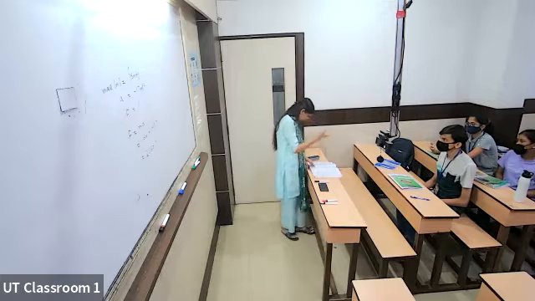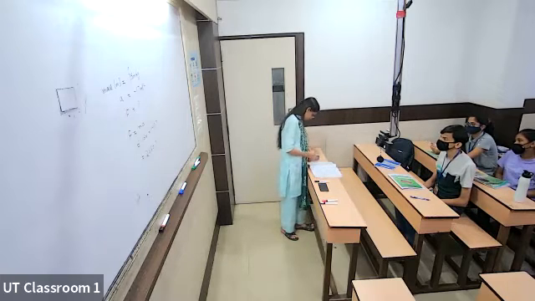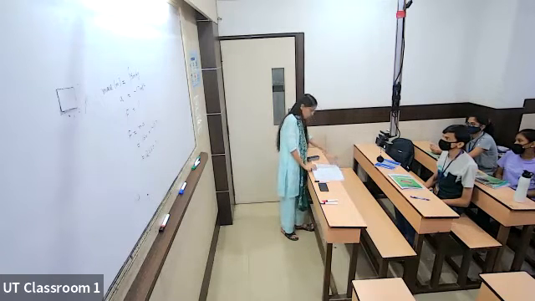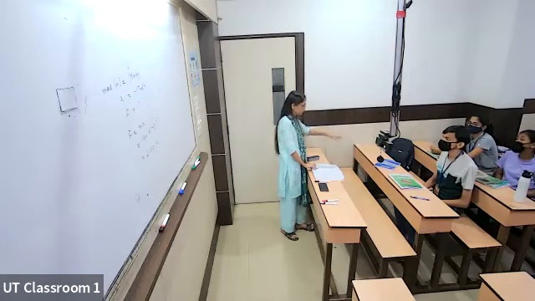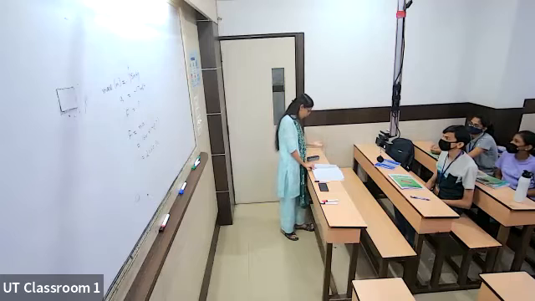Let me see. What is momentum of an object? There are 4 options, and I believe you all know what is momentum of an object's formula. The product of mass into velocity. Here 4 options are there: m square v square, half mv square, and mv. So it is mv.